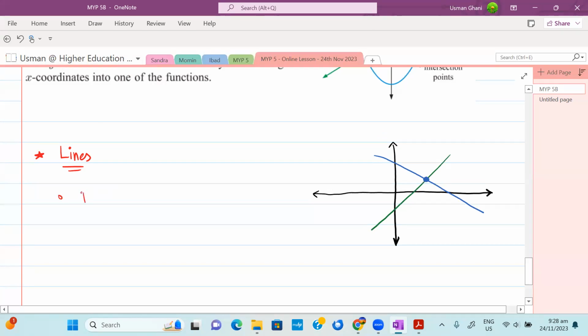ओके, नो पॉइंट ऑफ इंटरसेक्शन कब होगा? इफ यू हैव पैरेलल लाइंस। सो इफ यू हैव पैरेलल लाइंस व्हिच रन इन द सेम डायरेक्शन, दे विल नेवर मीट। सॉरी, ये पैरेलल लाइंस की डेफिनेशन होती है। सो पैरेलल लाइंस have no points of intersection, so they do not meet, hence no intersection.